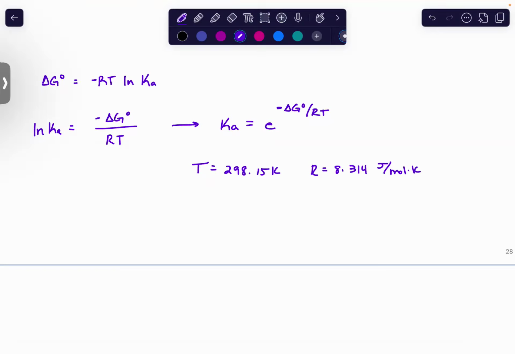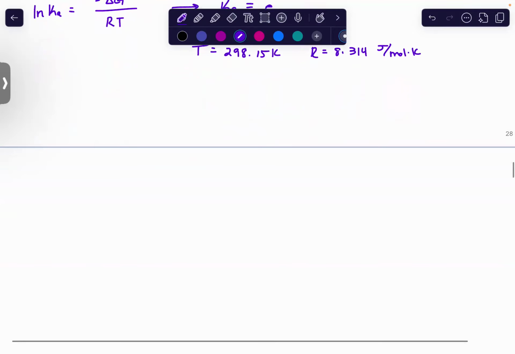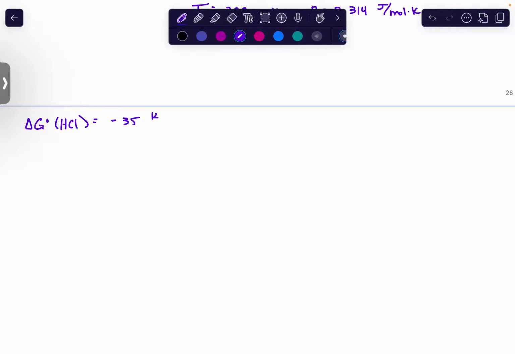Okay, so now let's try to judge the strength of HCl and hydroiodic acid using this method. Okay, so we know negative 35 kilojoules per mole for the free energy.